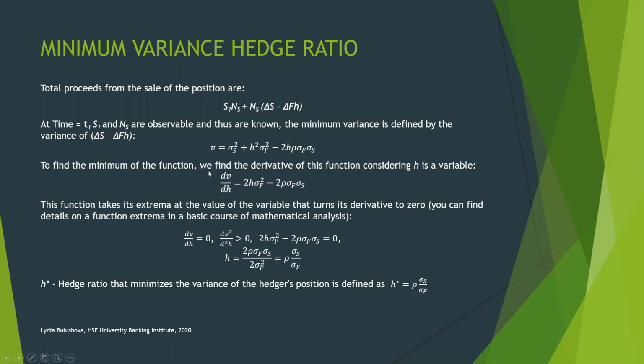The minimum of a function is a point where its first derivative equals 0. This is like a parabolic function. It has a bottom. At the bottom, the first derivative is equal to 0.